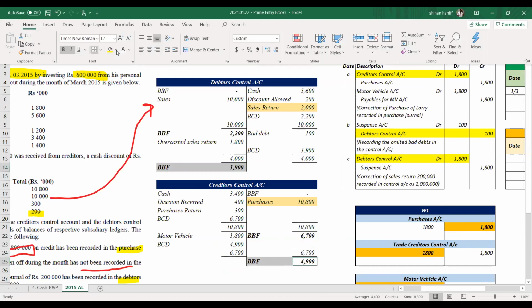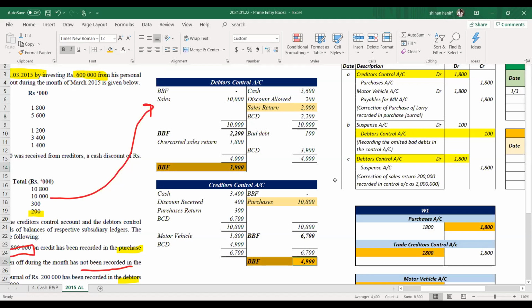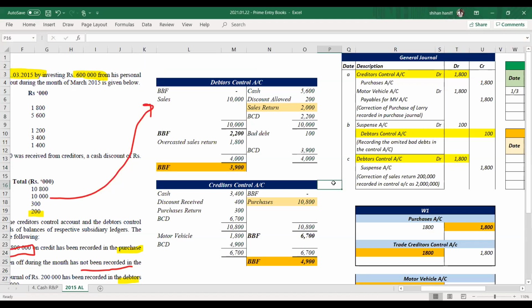The revised balance is 3.9 million. The creditors control account revised balance is 4.9 million. So that is how you correct the error.